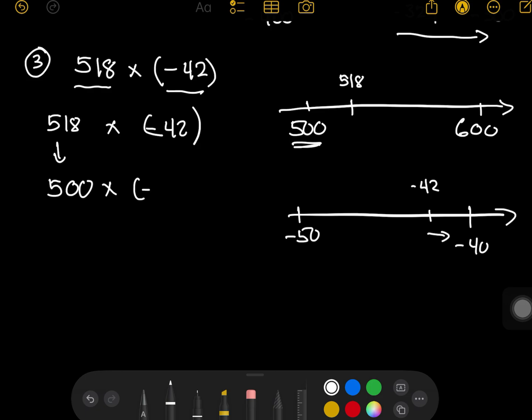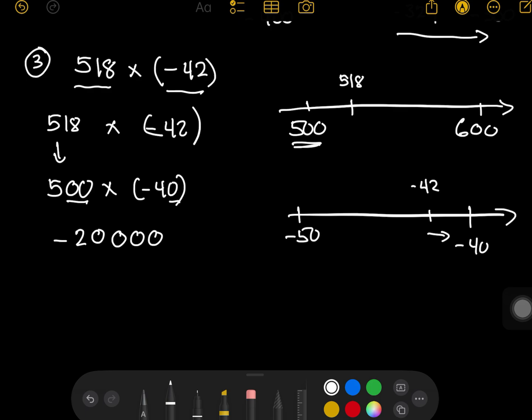Multiply by negative 40. Based on our previous topic, when we multiply a positive and a negative number, you always get negative. So 5 times 4 is 20, and then just add 3 zeros: 1, 2, 3. So the estimate value of 518 times negative 42 is negative 20,000.